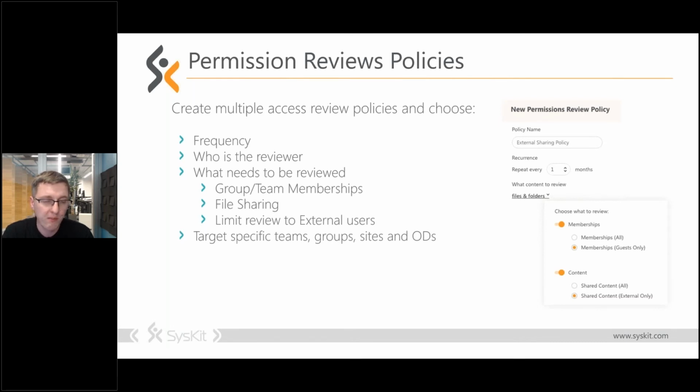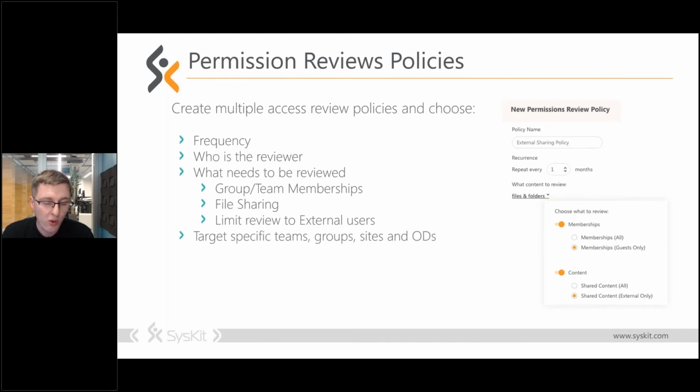And what's really cool, you have more options to choose what should be reviewed. So do you want to, let's say, use the simpler approach and you just want to review who's the member of that group or team? Or are you also interested in reviewing those individual file sharings when somebody shared a file? And you also have an option, okay, I just want to review if somebody shared something with external users. So a lot more options depending on your needs.